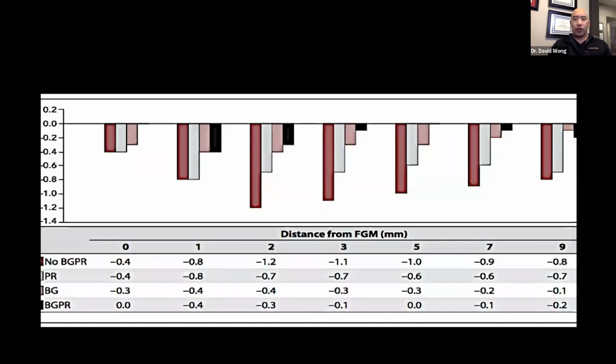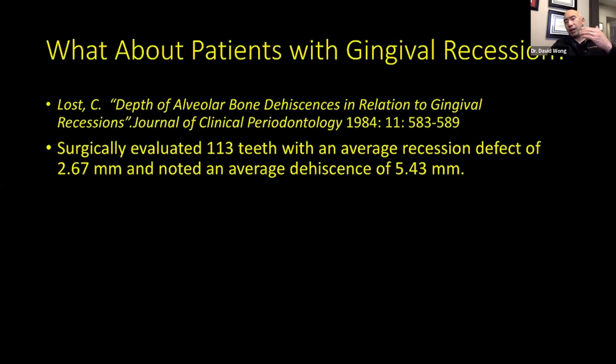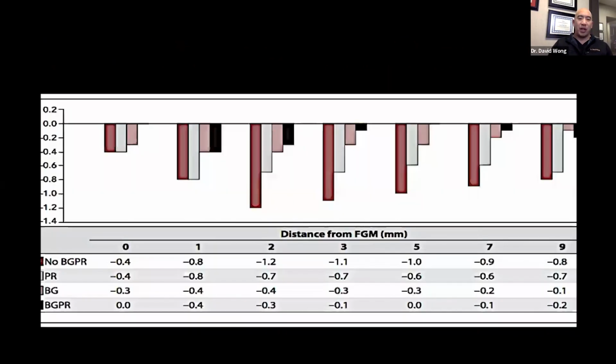The best result for minimizing the amount of bone loss around your implant, and I misspoke earlier, I meant crestal bone loss, not buccal, is to put a bone graft with a provisional restoration or a bone graft with a full contour healing abutment. Those are your two best ways to preserve the bone.